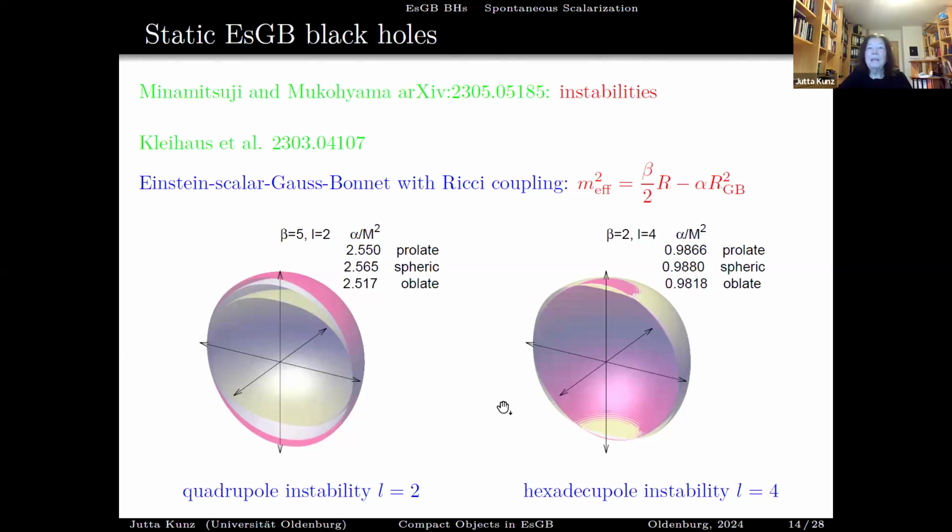And this extra piece was put into the theory in order to suppress the scalar field today, so that you might not run into contradictions with observations. Okay, thank you.